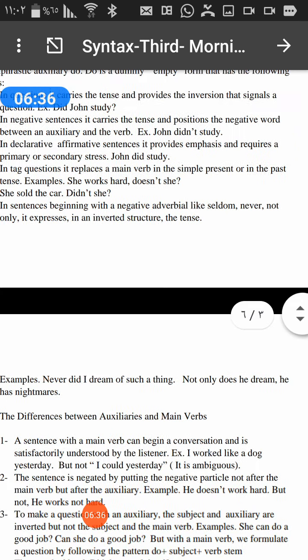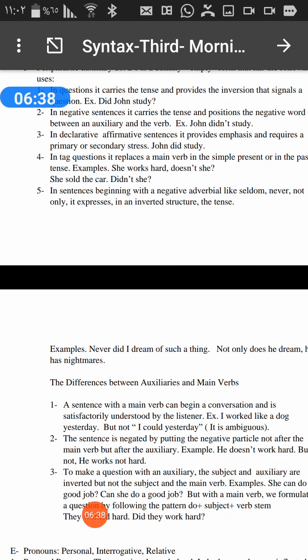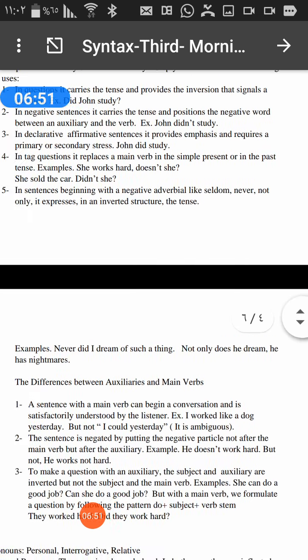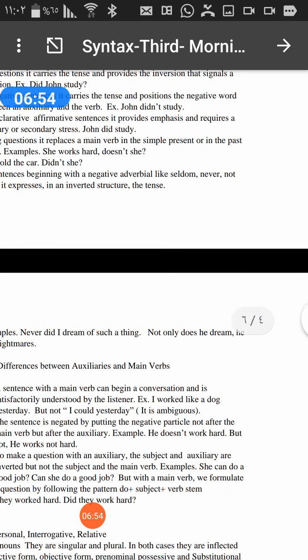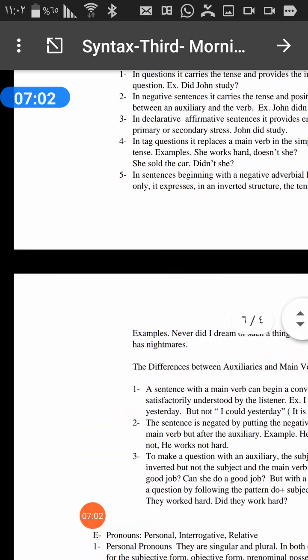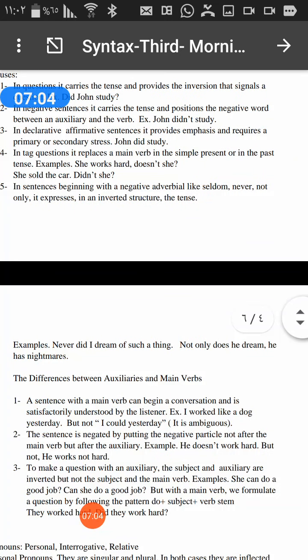Last function, آخر وظيفة, the last use of verb to do, is in sentences beginning, في الجمل التي تبدأ, with a negative adverbial like seldom. Some sentences in English begin with an adverb like seldom, never, or sometimes with a negative particle or negative adverbials like not only.